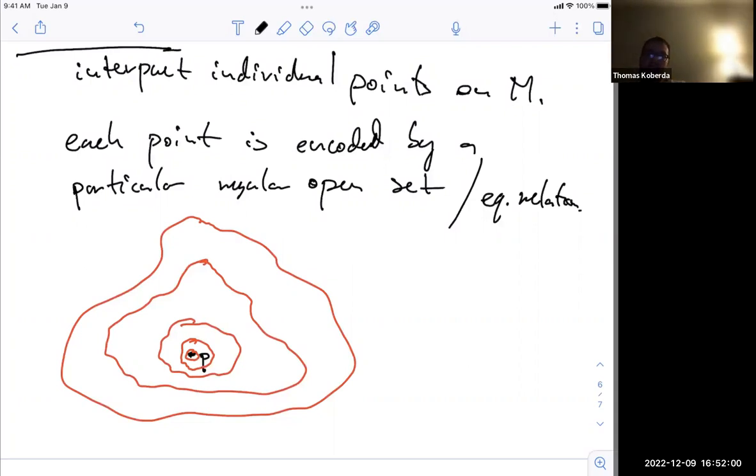So that is a specific way that one can encode particular points without resorting to ultrafilters.